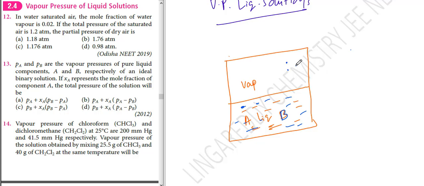This B vapor also is there. This B is raising pressure, that is the vapor pressure of B, denoted by PB. This is also known as partial pressure.